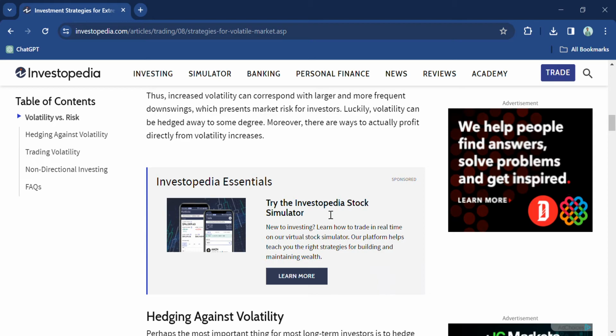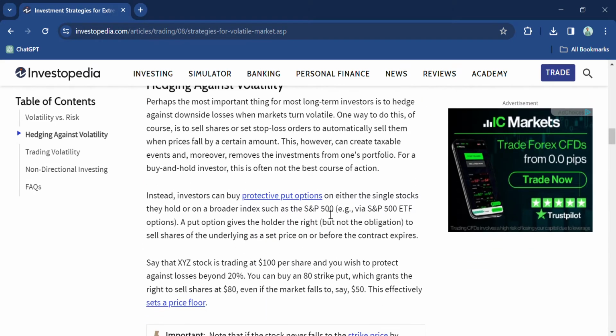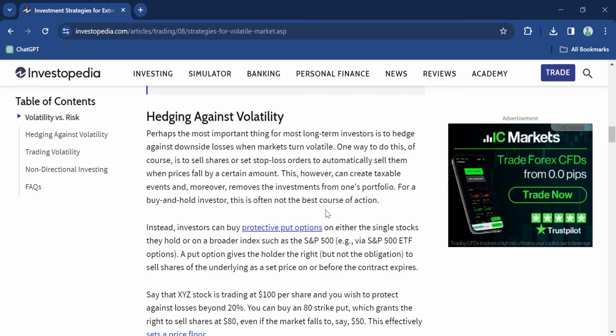Luckily, volatility can be hedged away to some degree. Moreover, there are ways to actually profit directly from a volatility increase. Hedging against volatility. Perhaps the most important thing for most long-term investors is to hedge against downside losses when the market turns volatile.